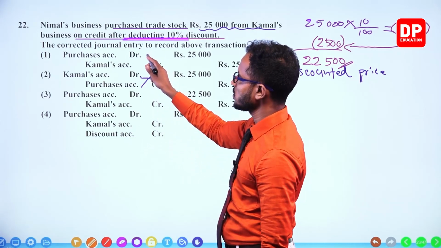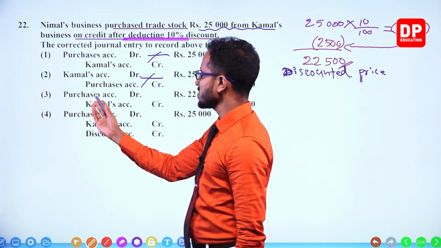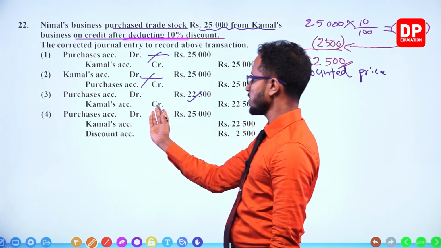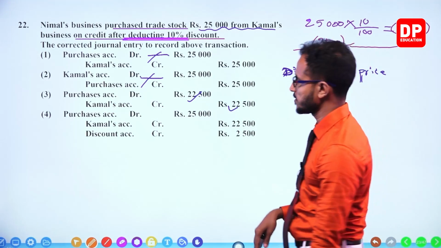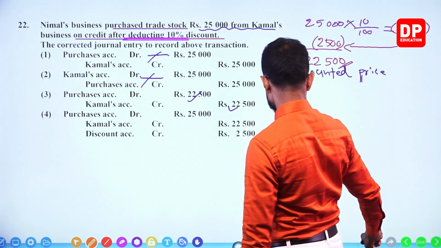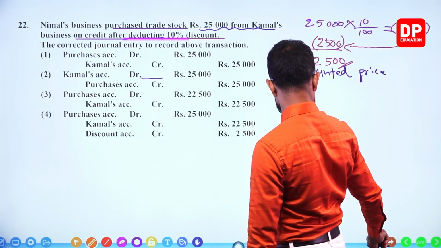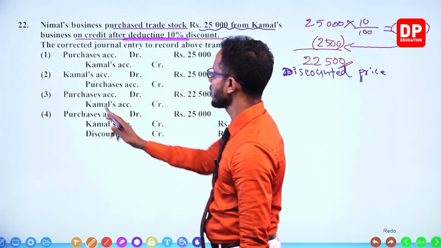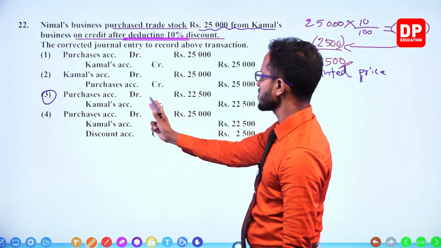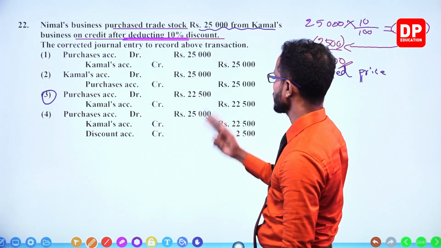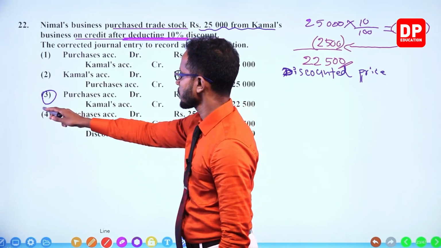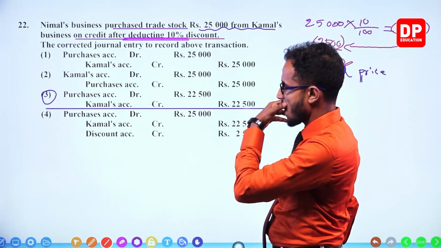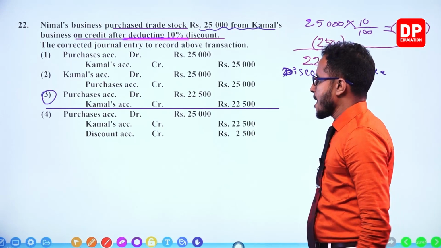No. This one also no. Purchases debit 22,500. Okay. Kamal credit 22,500. That is the answer. This one. Purchases debit, Kamal's account credit. Not the fourth one, third one.